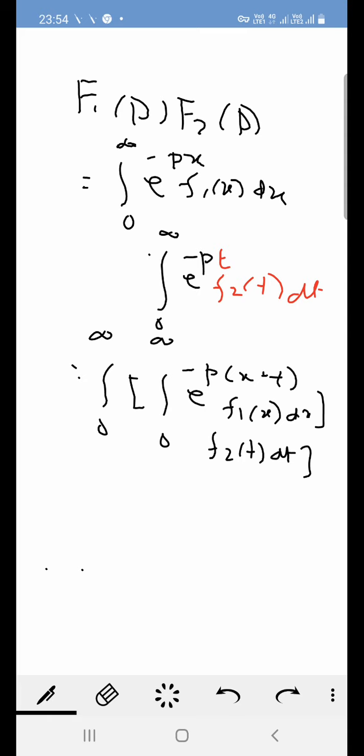Now we will assume that x dash is equal to x plus t to replace this.